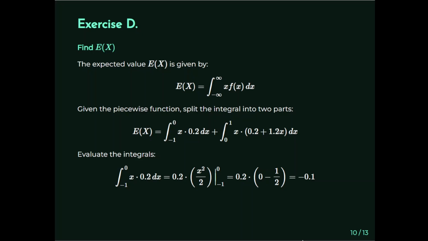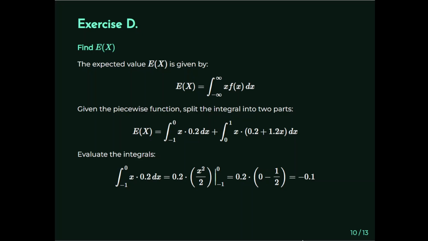we split it into two, we have the negative component there, which is x times 0.2 dx, evaluated between minus 1 and 0. And then the positive component, x times 0.2 plus 1.2 times x, evaluated between 0 and 1. So let's break that up into two parts there. The negative part first. So we have x times 0.2, which is 0.2 x squared over 2.